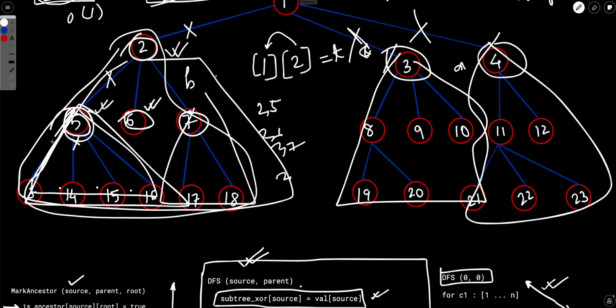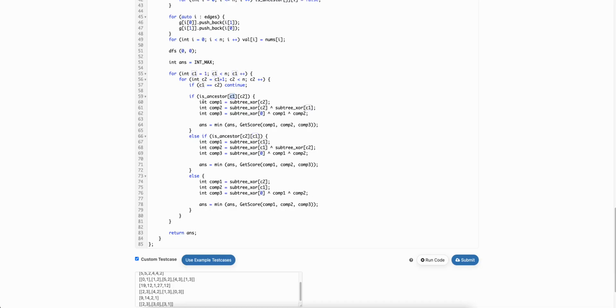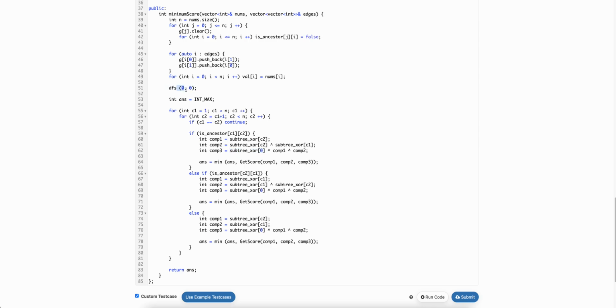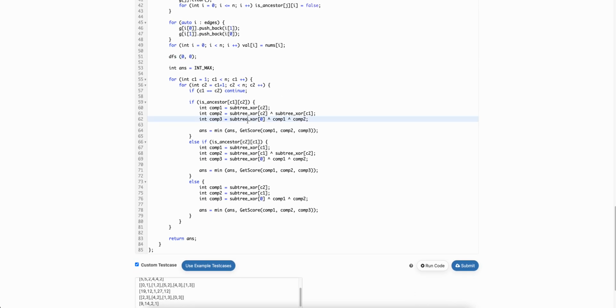So lower piece is 5. This is the first component. So hence component 1 is subtree XOR of C2, and component 2 is subtree XOR of C2 XOR subtree XOR of C1. And finally component 3 is total XOR, and then XOR by component 1 and component 2. So total XOR is subtree XOR of 0, because like I rooted the tree at 0. So that's where the subtree XOR at 0.